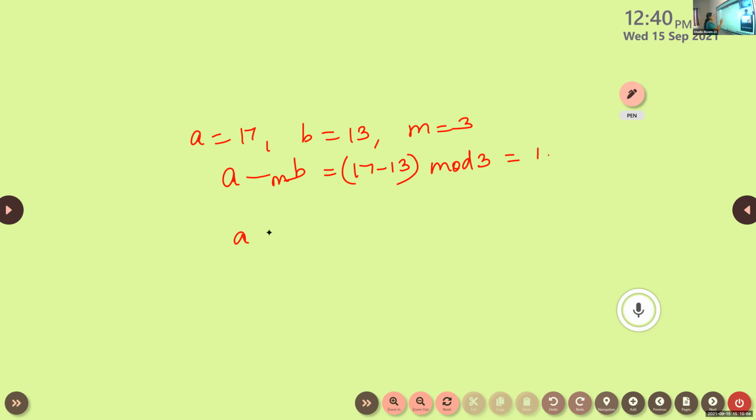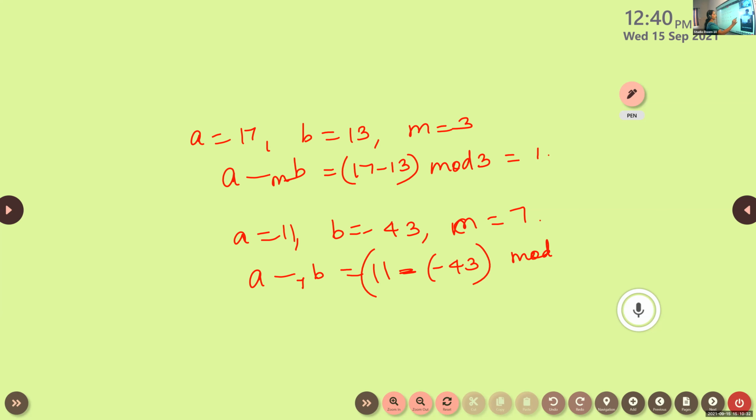Suppose A is 11, B is minus 43, m is 7. So what do you have to find? A minus_7 B. That is 11 minus minus 43, isn't it? 11 minus minus 43 mod 7, which is the same as 11 plus 43 mod 7.